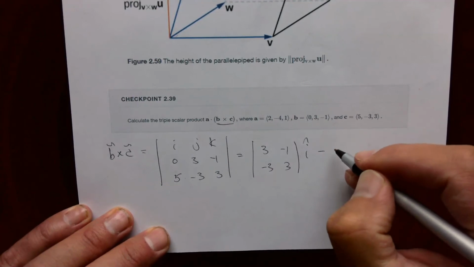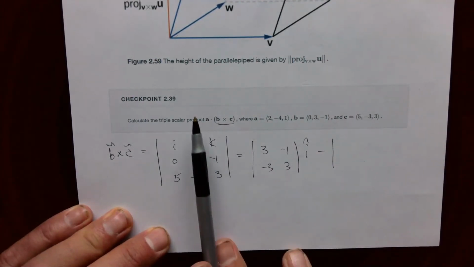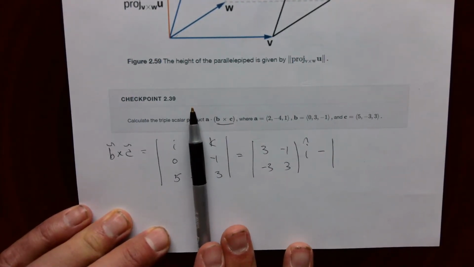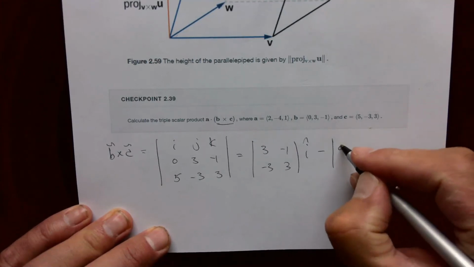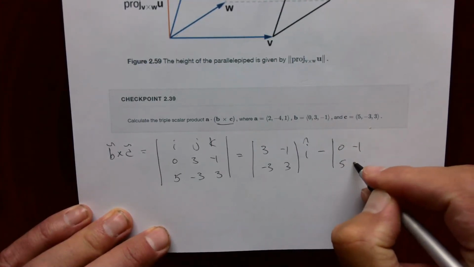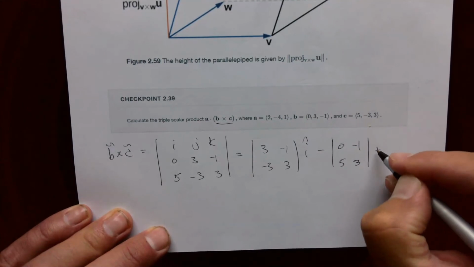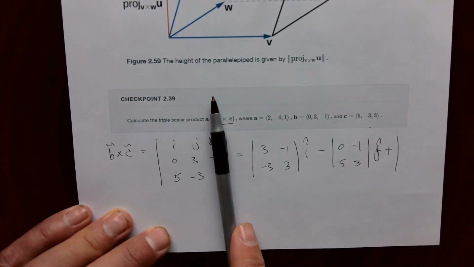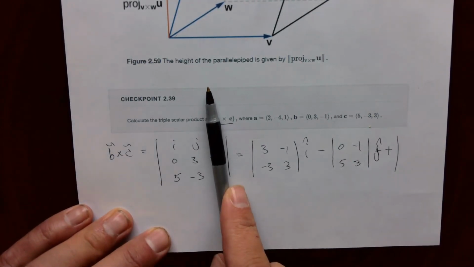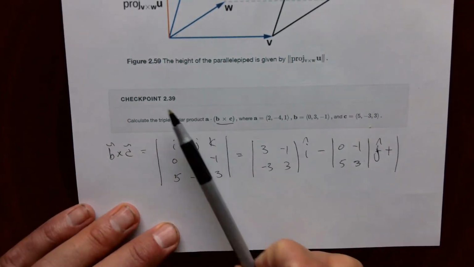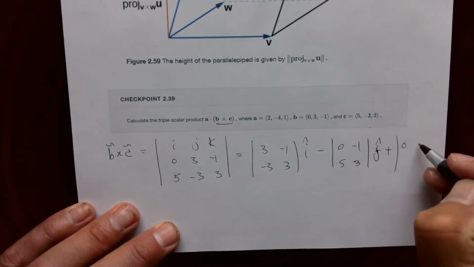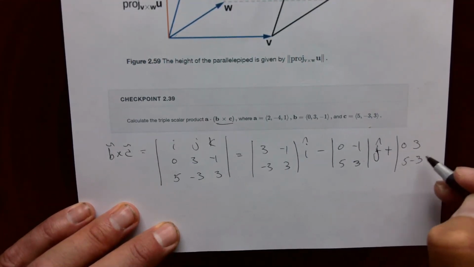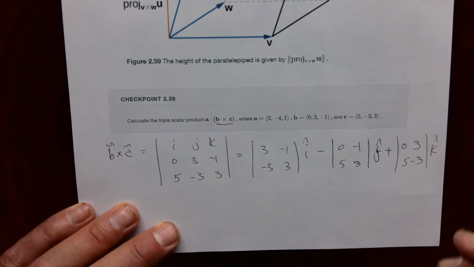And then we get minus the 2 by 2 determinant we get by crossing off the first row and middle column, and that's giving us 0, -1, 5, 3 times the vector j, and then it's plus the 2 by 2 determinant of the matrix you get by crossing off the last column, which is 0, 3, 5, -3, and that's times the vector k.